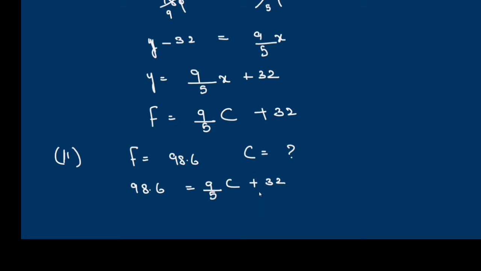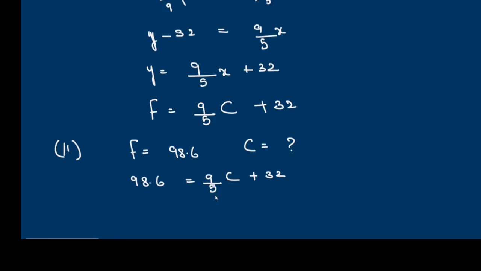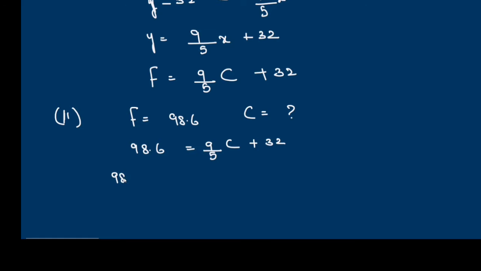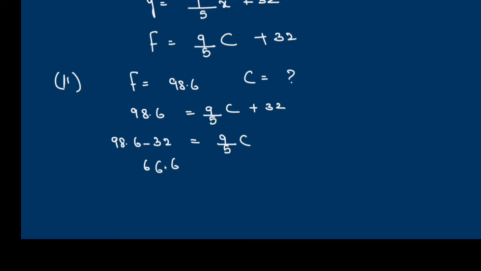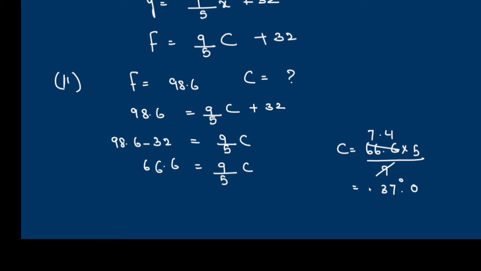So 98.6 minus 32 is equal to 9 by 5 times C. 66.6 is 9 by 5 times C. So what is C equal to? 66.6 into 5 by 9, 37 degrees. So 98.6 Fahrenheit is equal to 37 degrees Celsius.